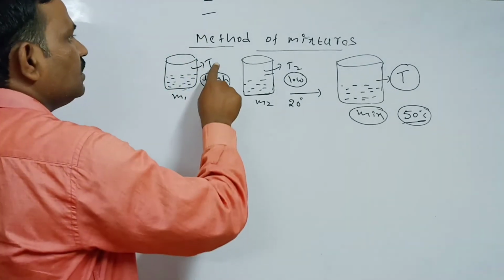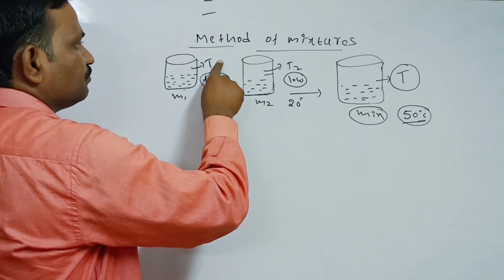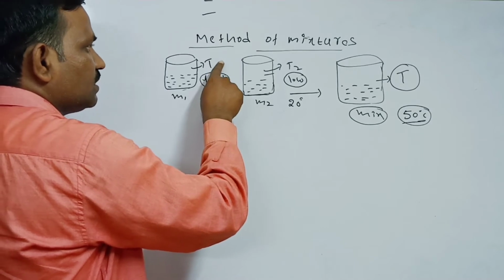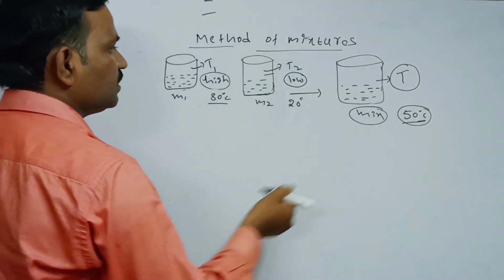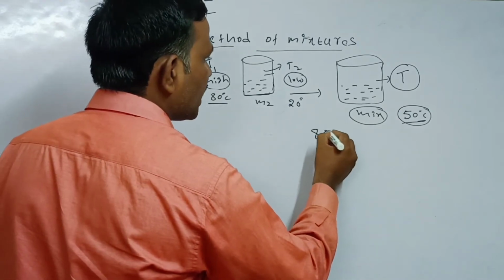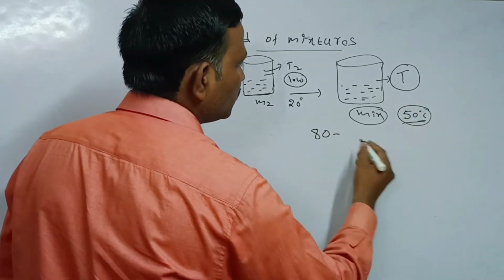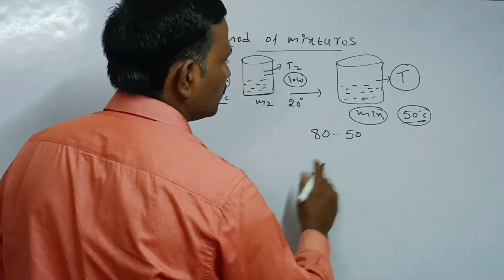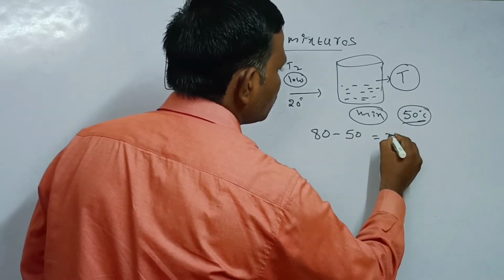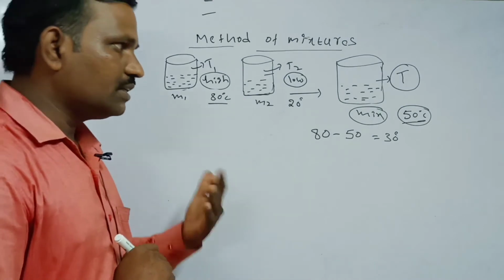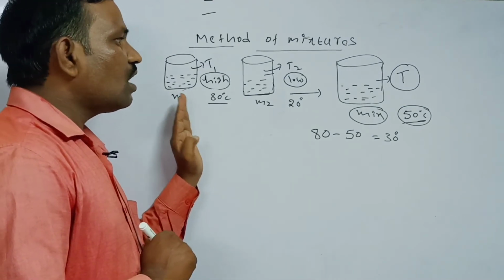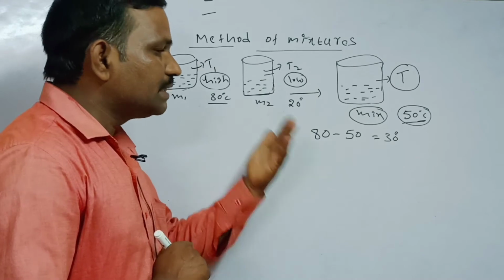That means the hotter body, which has T1 degrees Celsius, is losing temperature. How much is it losing? Initially it has 80, after mixing it has 50. Then in total how much did it lose? 30 degrees it lost. So from this example it is clear that the hotter body loses temperature when it mixes.